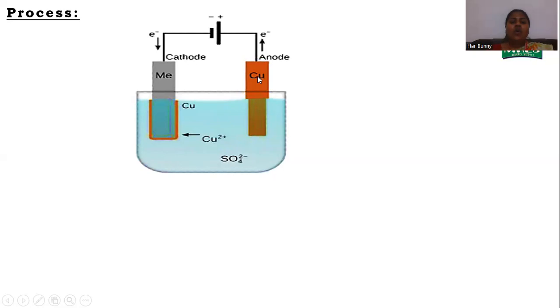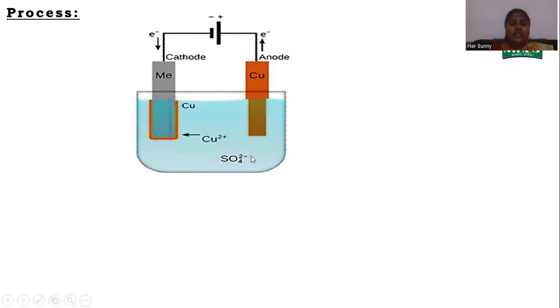So as we all know that, electrons will be moving from anode to cathode, and the current will be moving from cathode to anode, right?